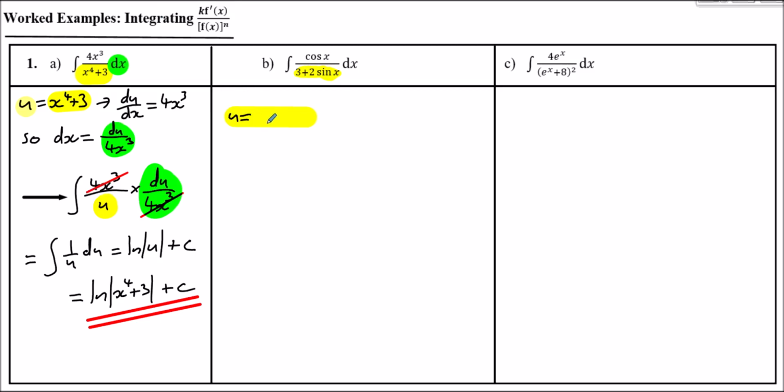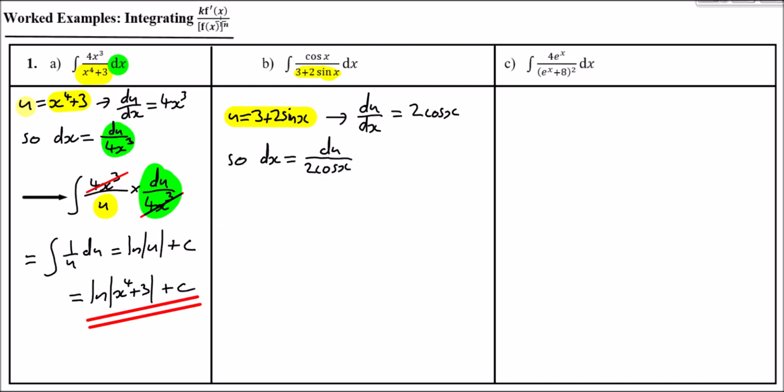So if I set u as 3 plus 2 sine x, then differentiate u with respect to x, that'll just give me, of course, 2 cosine x. Rearranging to get dx in terms of du, dx will be du all over 2 cosine x.